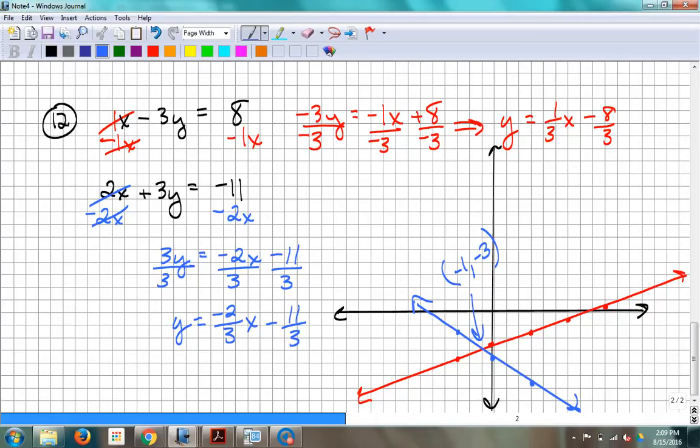Okay? Why is it right up under the 0 whenever it's -8/3? How does that make it? It's the y-intercept of -8/3, which is -2.6. -2.6 on the y-axis is right there. This number out here is the y-intercept.